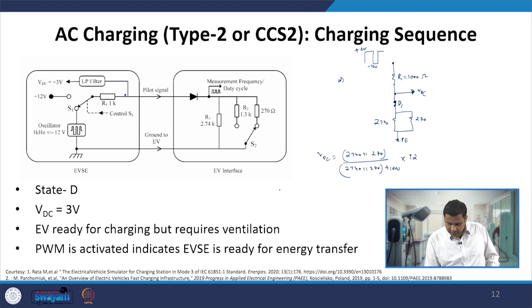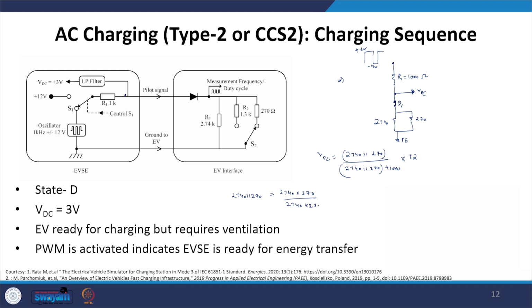We know that 2740 multiplied by 270 divided by 2740 plus 270 will be somewhere around 246. So we can write 246 by 246 plus 1000 into 12, which becomes equal to 2.37 volt, which is roughly equal to 3 volt.